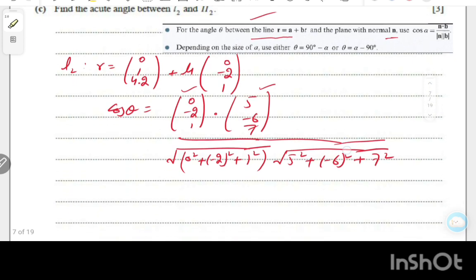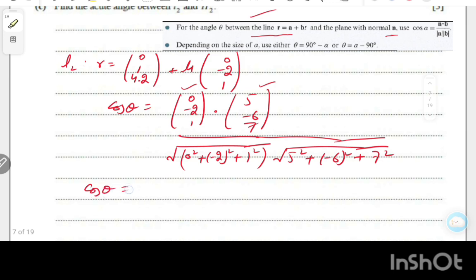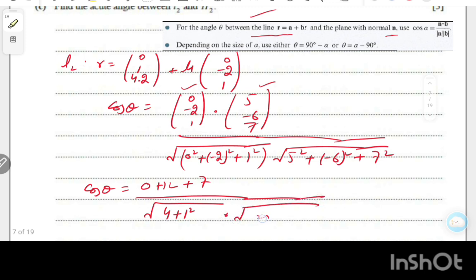After applying all these things, we get 0 multiplied by 5, which is 0, minus 2 multiplied by minus 6, which is plus 12, and 1 multiplied by 7, which is 7. Next, minus 2 squared is 4, 1 squared is 1, multiplied by 25 plus 36 plus 49. Solving completely with a calculator, we get 19 divided by square root 550.